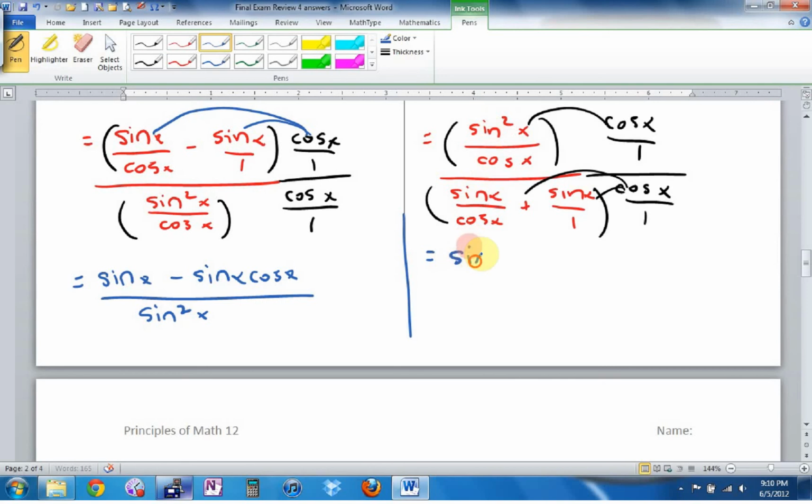I get sine squared x all over. On the bottom, what do I get? I get a cos canceling in the first term, so I get just plain old a sine x plus a sine x cos x. Now what?